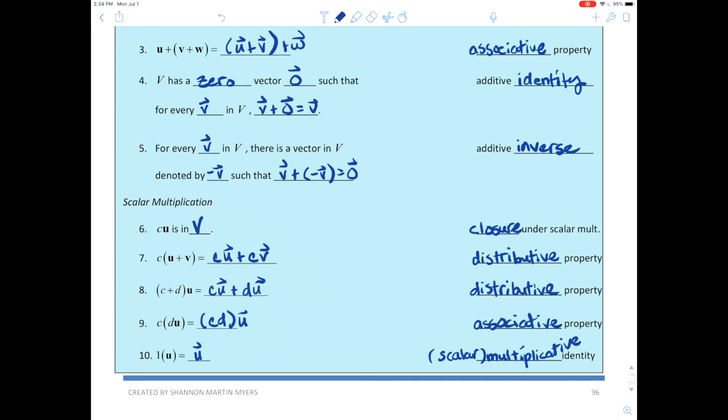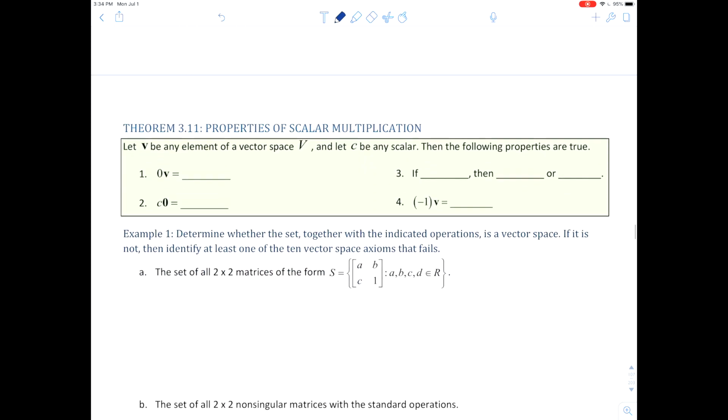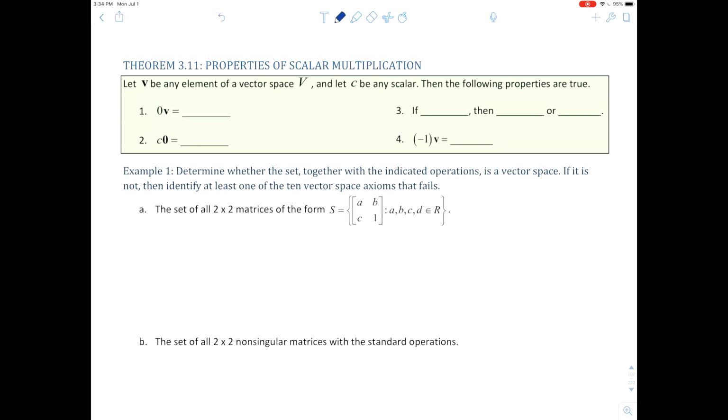All right, so let's move on to our first theorem, 3.1.1, properties of scalar multiplication. Let v be any element of some vector space V and c be any scalar. Then the following properties are true. If you do the scalar 0 times v, you're going to get the 0 element in that space. You have to remember that this 0 with the arrow over it could stand for many different things.